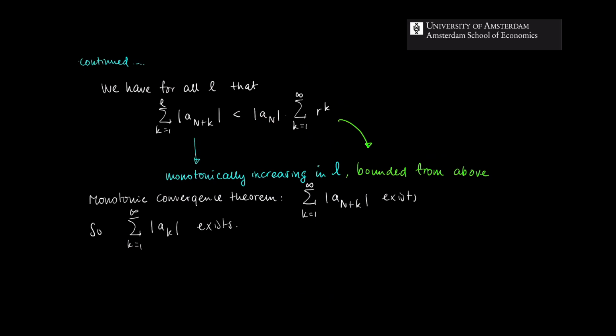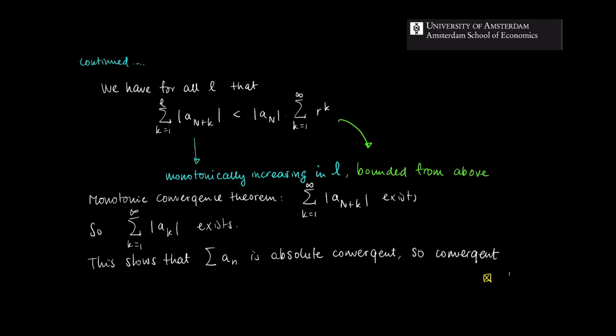So what we've shown is that the series where we take the sum over the an's is absolutely convergent. If we have an absolutely convergent series, this also shows that the series itself is convergent. So that concludes the first part of the proof.